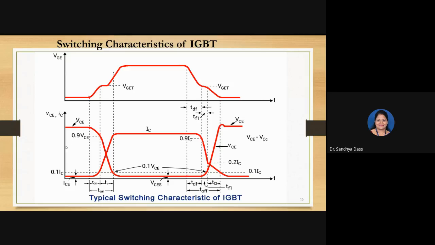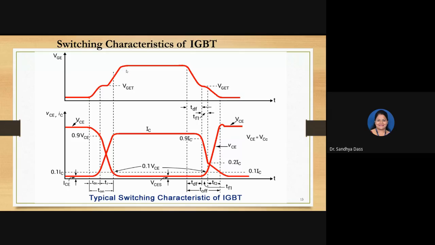Okay, now let me explain. VGE is our input. You are varying VGE. When VGE, the voltage across gate with respect to emitter terminal, is increased and this voltage crosses the threshold voltage, only then will the device turn on.